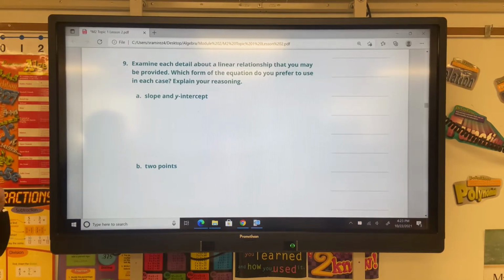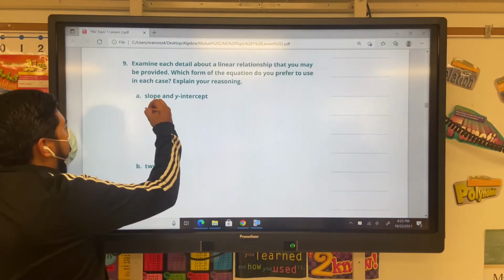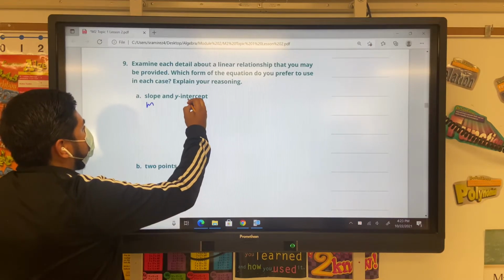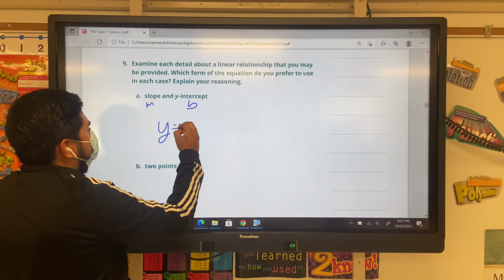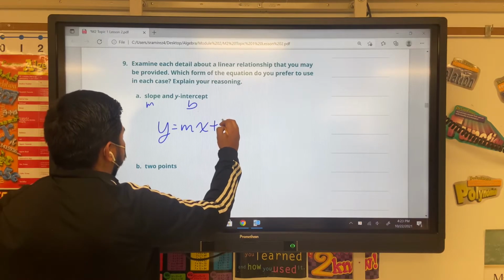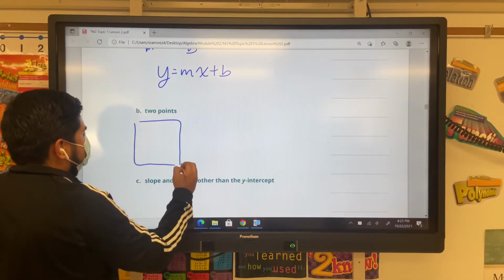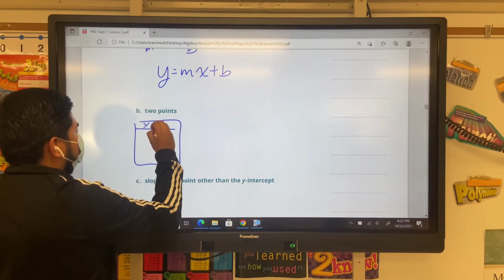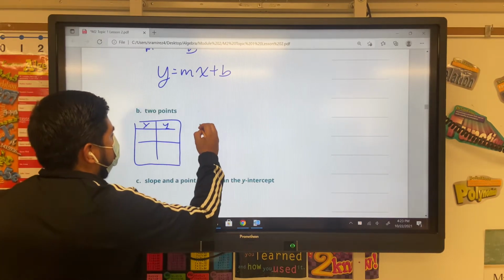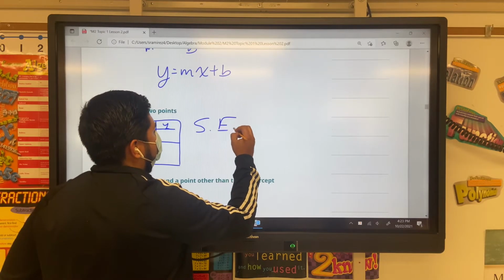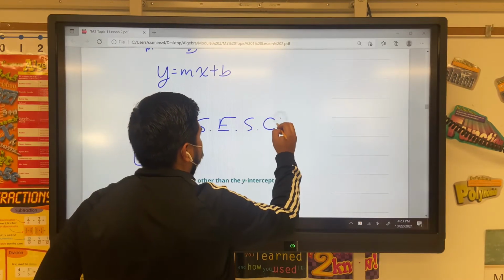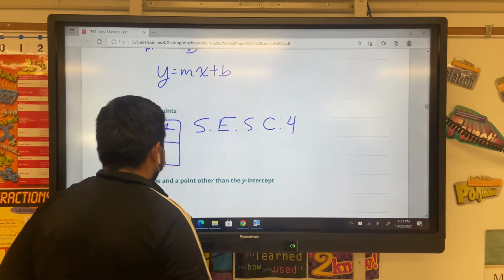Examine each one. So of course, with the M and a Y intercept, I could easily write it out, Y equals MX plus B. 2 points, table, stat edit stat calc 4.